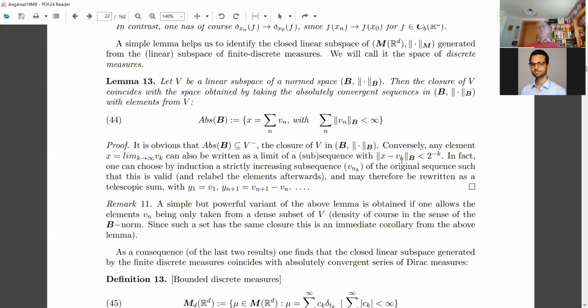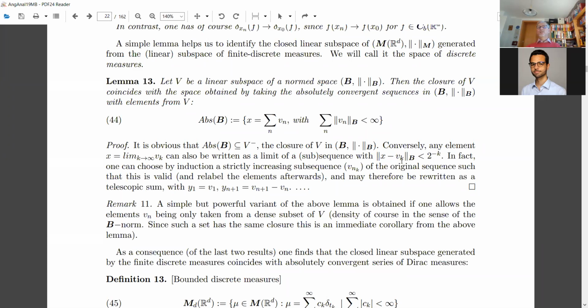So you're saying, well, if I wait long enough, I find for the number, let's say 1 over 16, one element which is closer by, in the norm of the measures, 1 over 16, and I keep that label. Now, behind that element with an even larger index, you find another which is 1 over 32, 1 over 64, and so on.